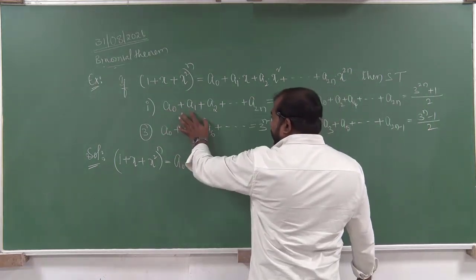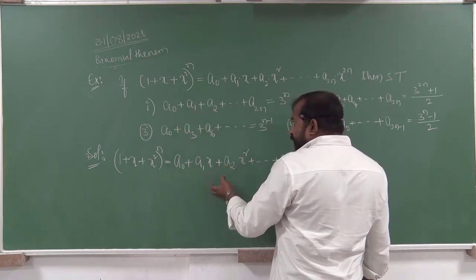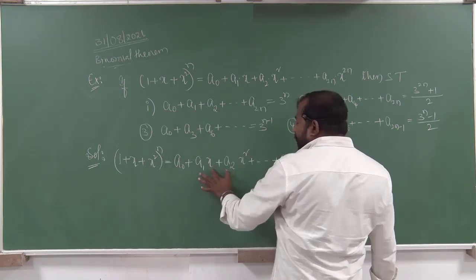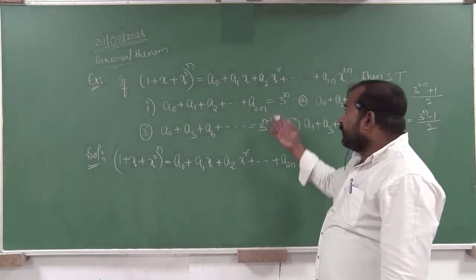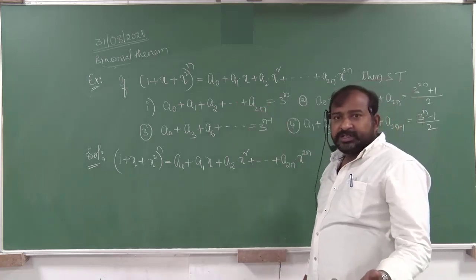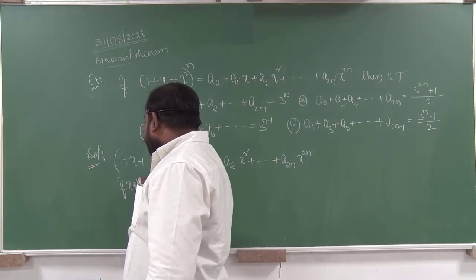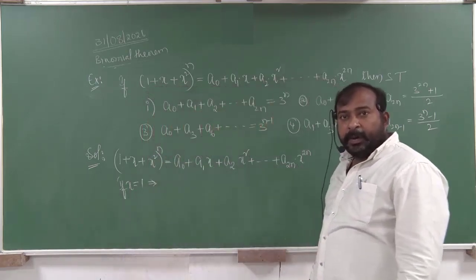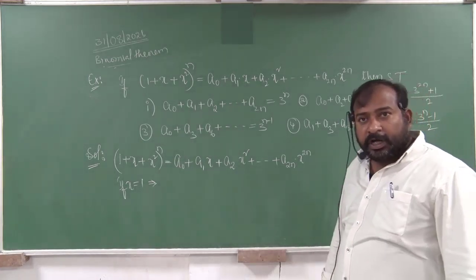a0, a1, a2: by directly observing this result, you can say, simply replace x equal to 1. If you replace x equal to 1, directly you will get the first answer. So if x is equal to 1, in the expression they have given, (1 plus x square) whole power n, in that expansion, I replace x equal to 1.